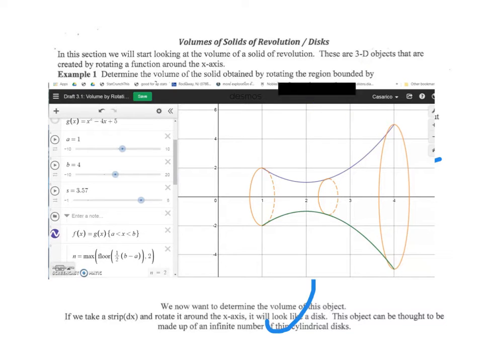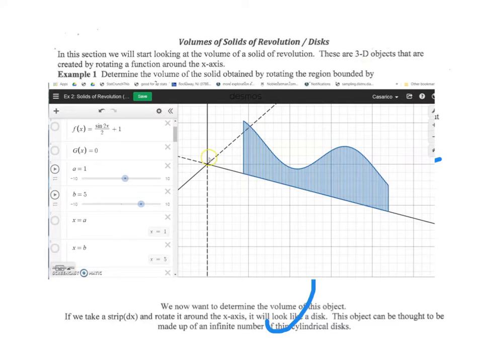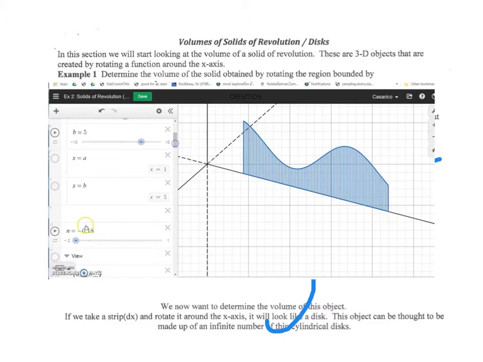For those of you that want a different example, here is something that might be a little bit more visually easy to understand. It's a different graph. This one is 1/2 sine of 2x plus 1. So this blue area is the area under the curve. And that's what we want to rotate around the x-axis to give us a three-dimensional shape. So let me come down here and start to rotate it.